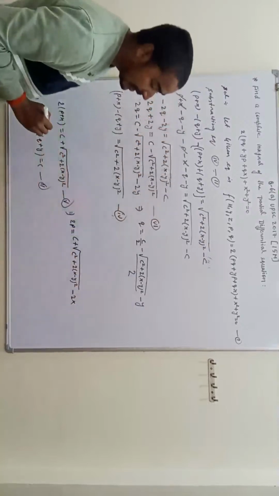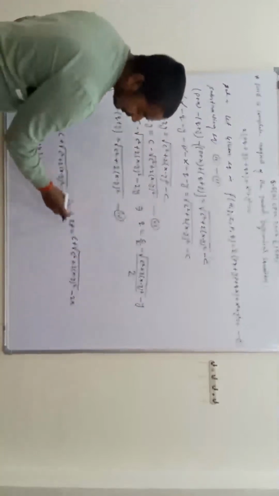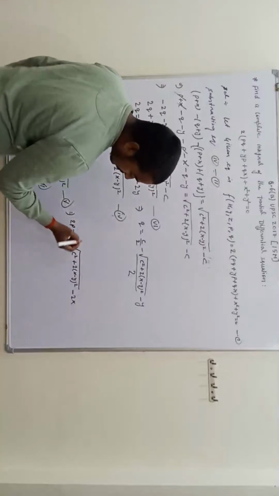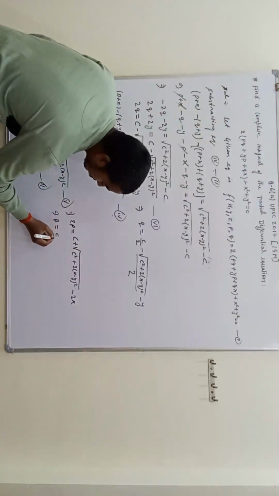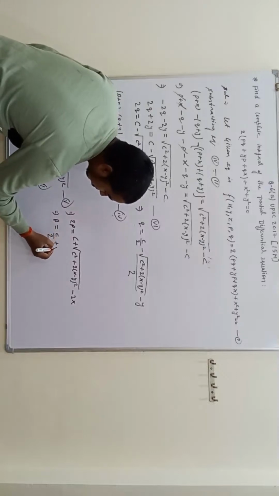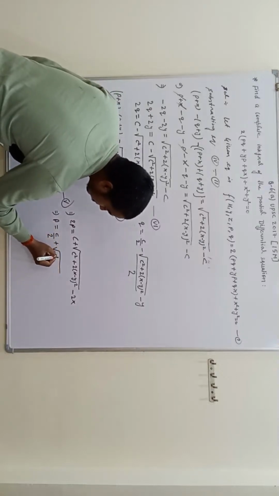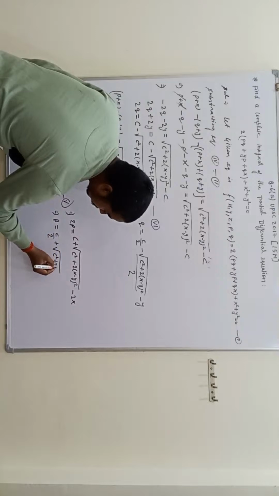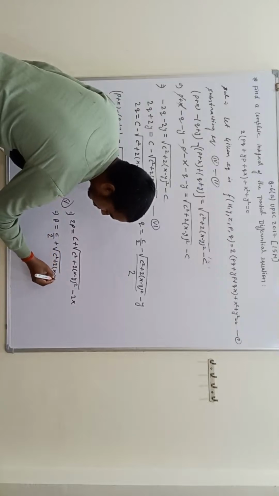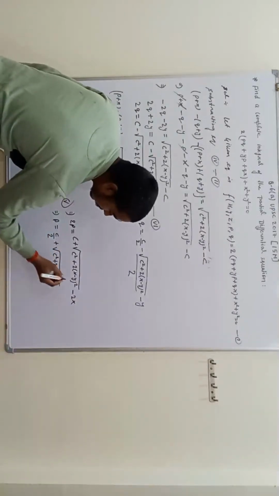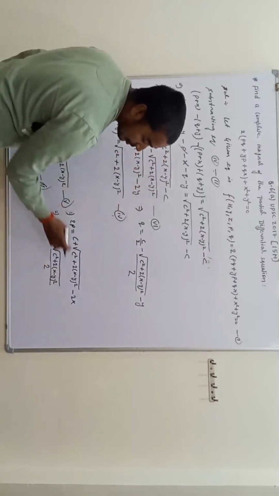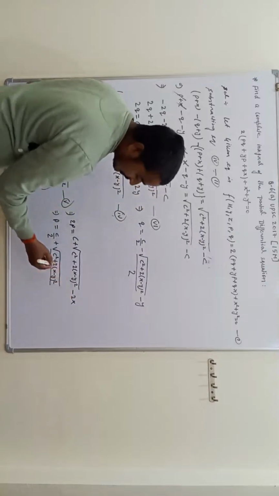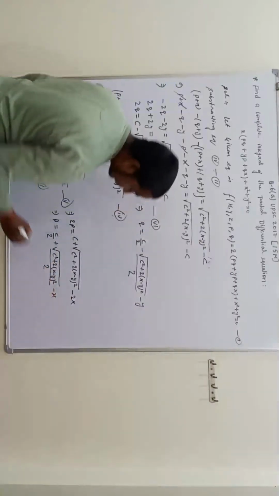And from here we have to find the value of p. 2 is taken into the denominator of this function, that is p is equal to c by 2 plus under root of c square plus 2x minus y whole square upon 2, and we can also put the denominator 2x into denominator, that is minus of x.